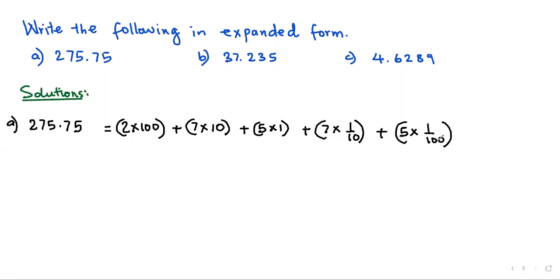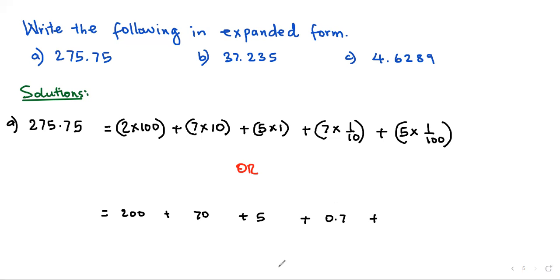If you don't want to show it like that, you can say that this is equal to 200 plus 70 plus 5 plus what number? 7 out of 10. Tell me 7 out of 10 as a decimal. 0.7. Very good.